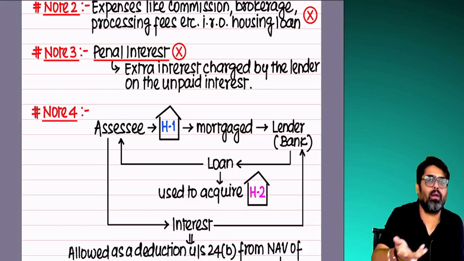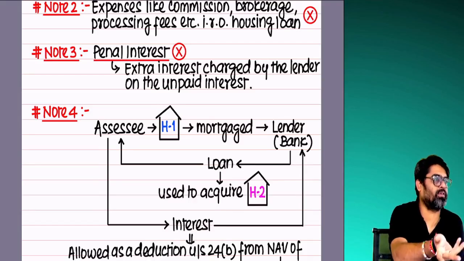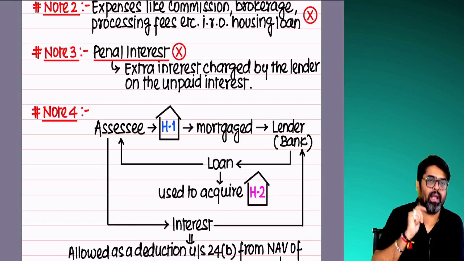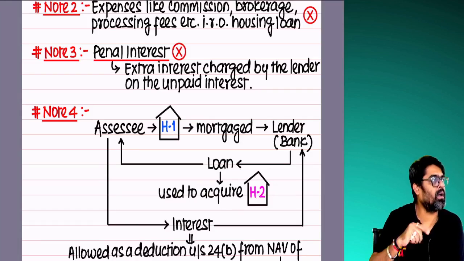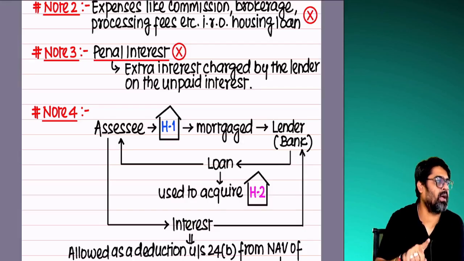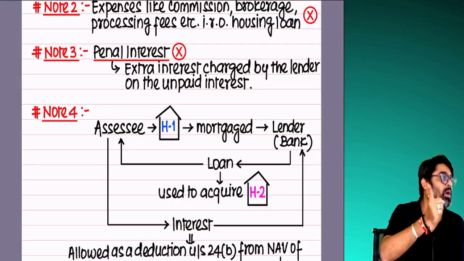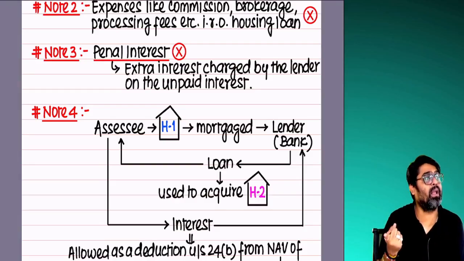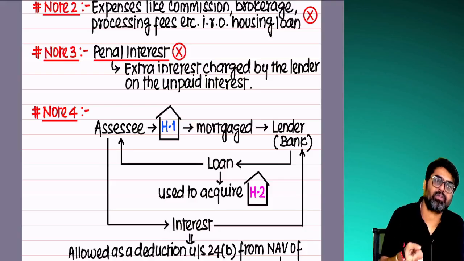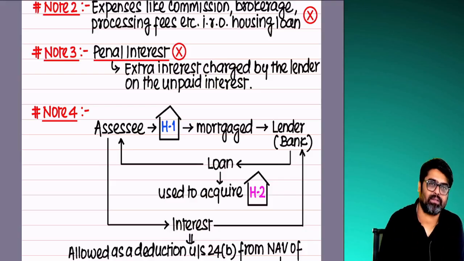If you pay your entire interest on or before 31st July, then there is no problem. But there was a condition in the loan agreement that if you delay beyond the due date, then the lender will start charging interest on interest, and that interest on interest is nothing but penal interest.